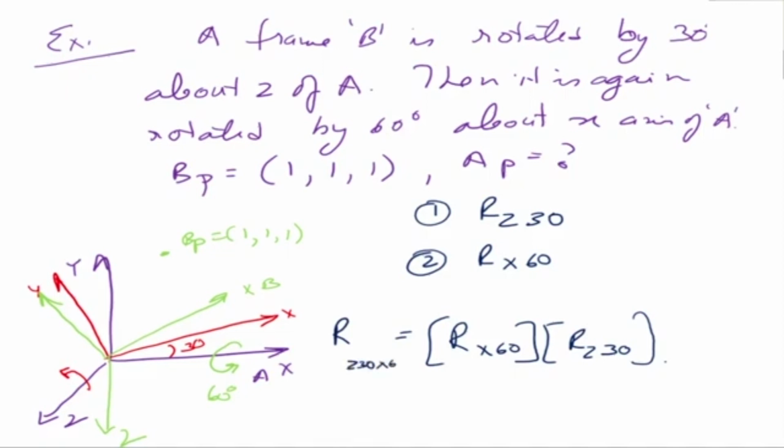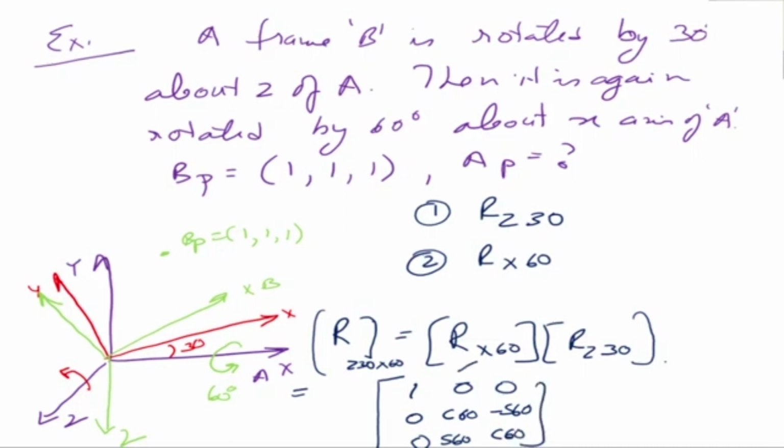So this is a matrix of Z30 and X60. What will this matrix look like? I'm writing C for cos. It is going to become the x rotation: 1 0 0, 0 cos 60 minus sine 60, 0 sine 60 cos 60.